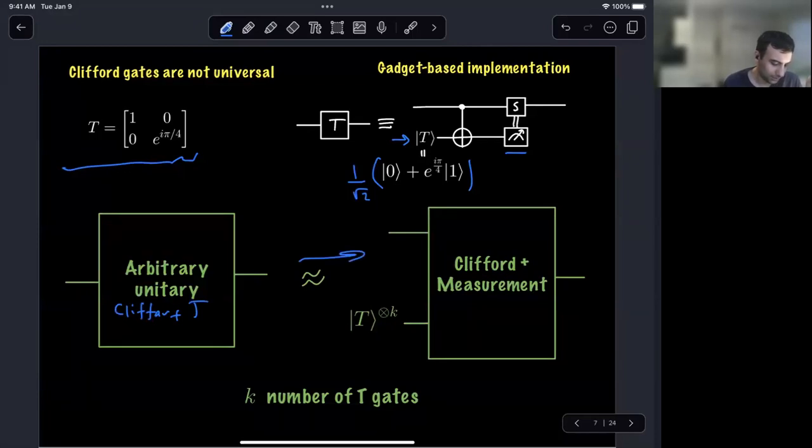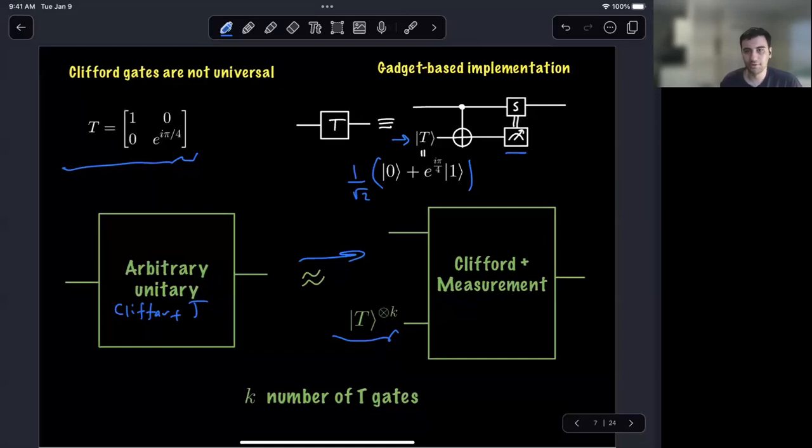It only has Clifford and measurement, but you have some ancilla qubits initialized in this state, the T state tensor power k, where k is the number of T gates you have. So if k is 0, you don't have any ancilla qubits and you can simulate it classically, but if k is non-zero, then you have some ancilla qubits and we believe that there shouldn't be a classical algorithm to simulate that.